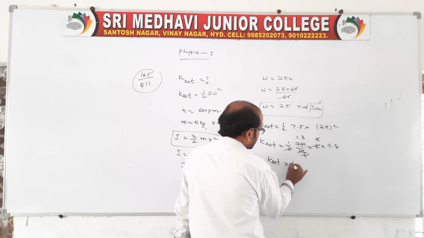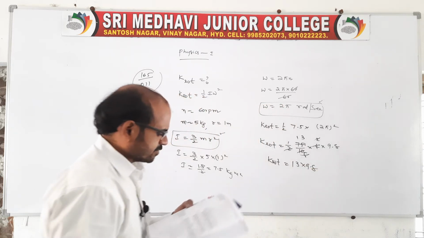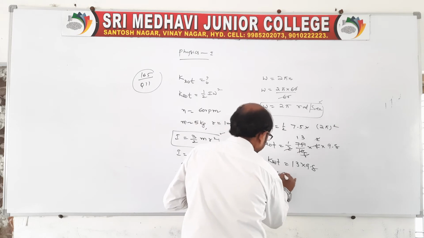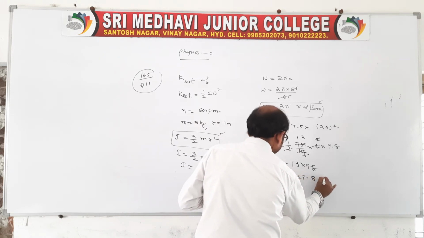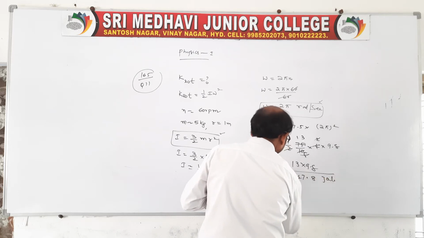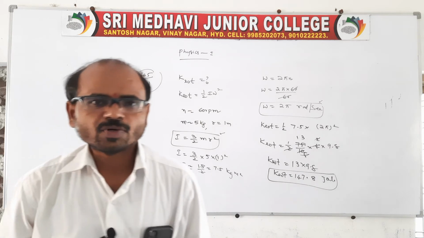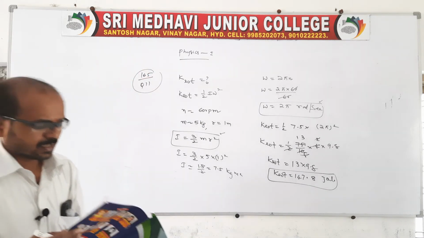Maybe you multiply 13 into 9.8, or take a 10 value, therefore approximately we will get this value. K rotation will be 147.8 joules. This is the K rotation value. It is the rotational kinetic energy, one question related to it.